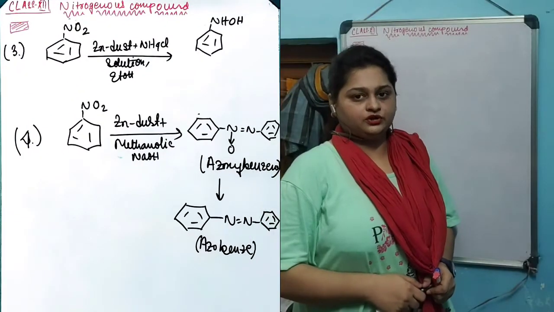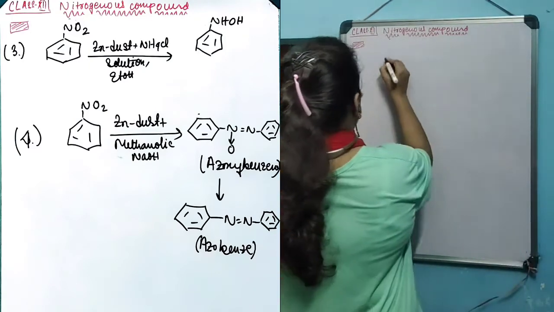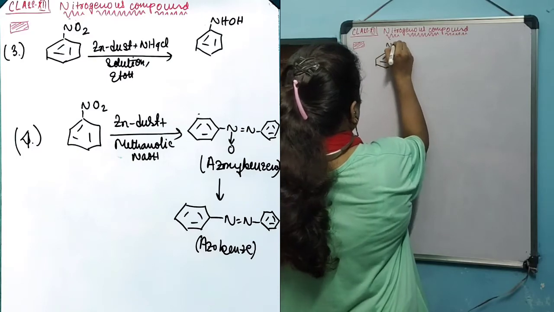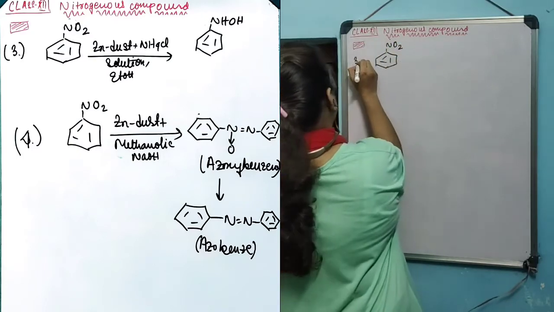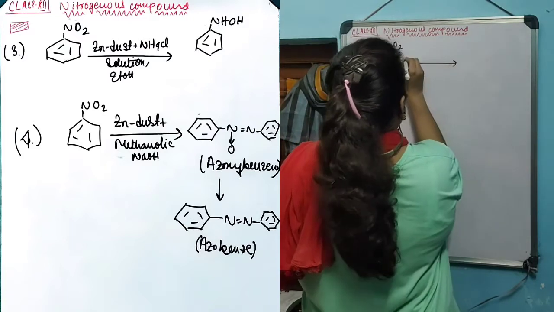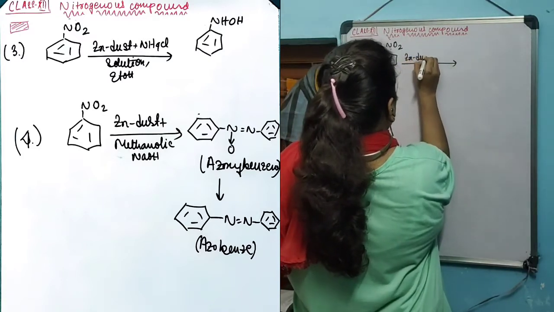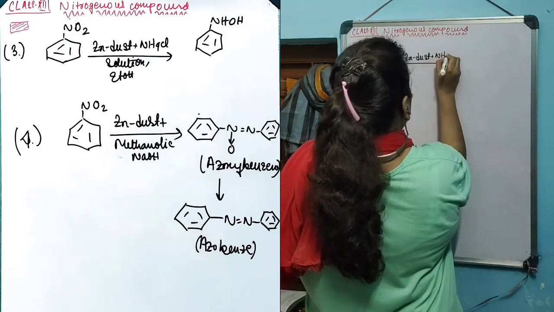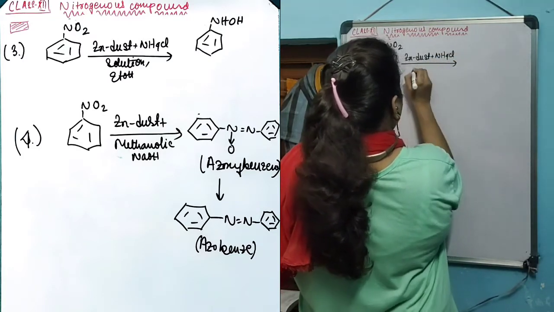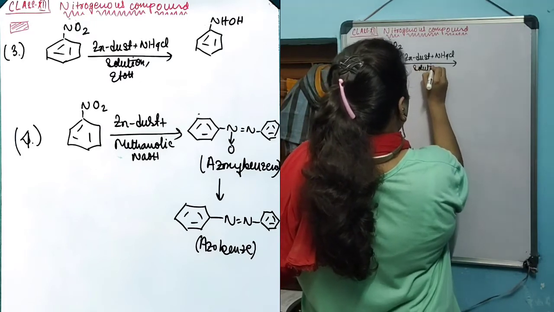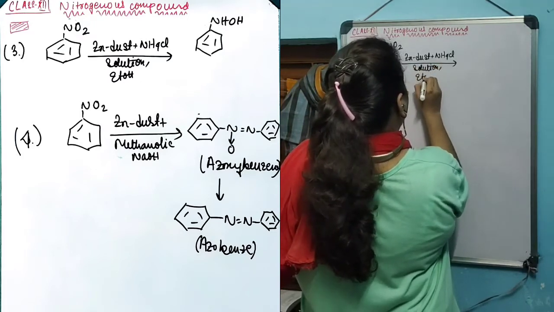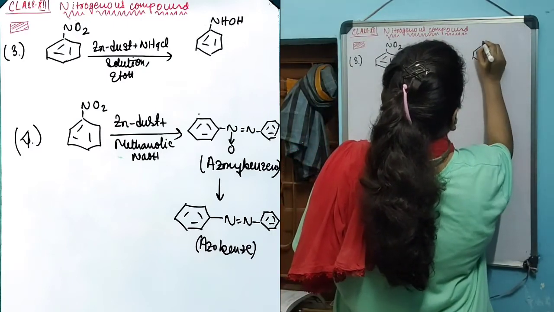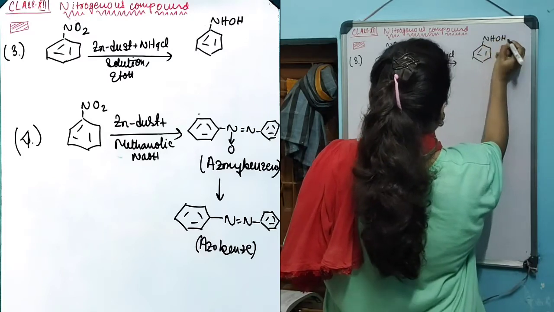The next reaction of nitrobenzene: when nitrobenzene is treated with zinc dust in presence of NH4Cl solution with a few drops of ethanol, NaOH is formed.